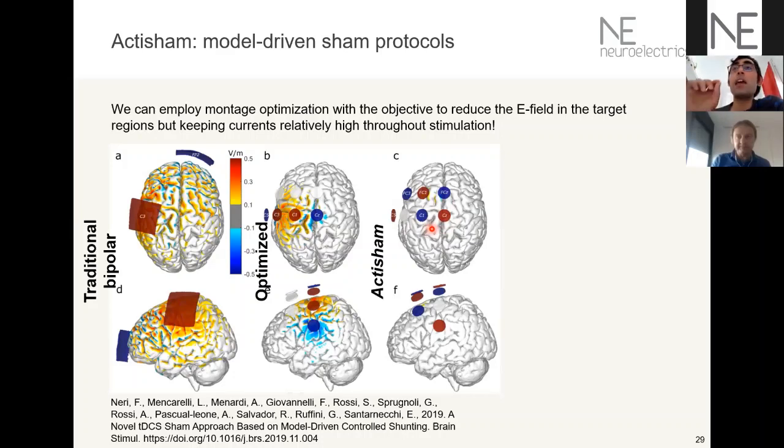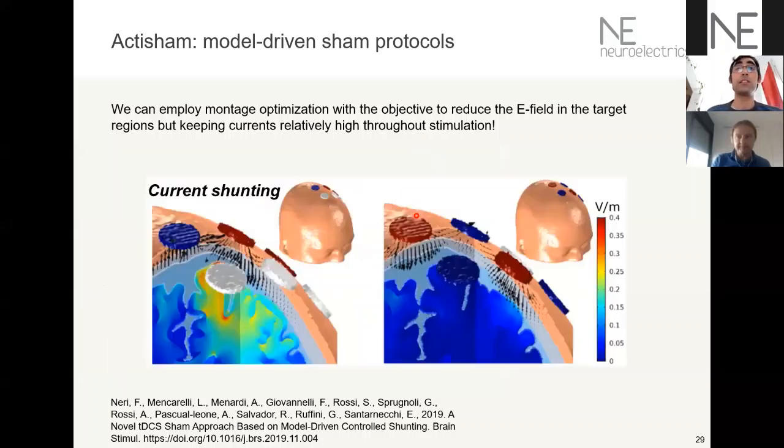And what we see is that the optimizer gave us a solution where it used an interleaved array of anodes and cathodes that does induce a very low electric field in the target area as compared to the other montages, and that didn't have any effects on motor cortical excitability.